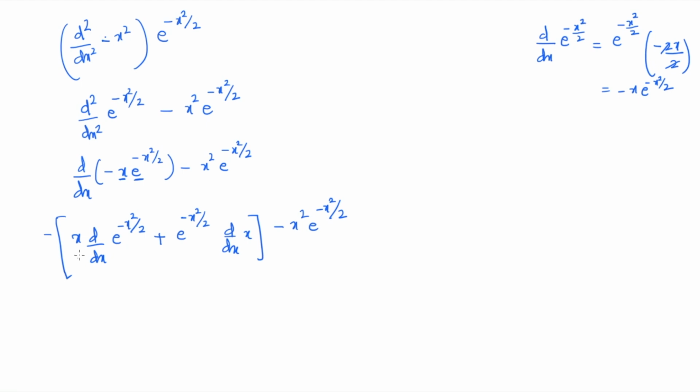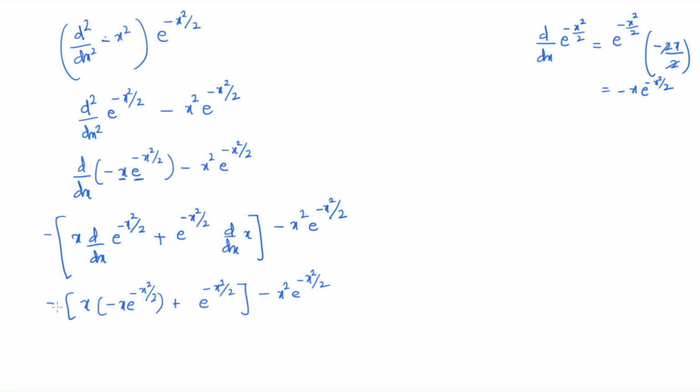Now just open the bracket, solve it. So minus, here you are going to get x, and the differentiation of that we have already done, right? So that is going to be minus x e to the power minus x square by 2 plus, and differentiation of x is going to be 1, so plus e to the power minus x square by 2, and minus x square e to the power minus x square by 2.